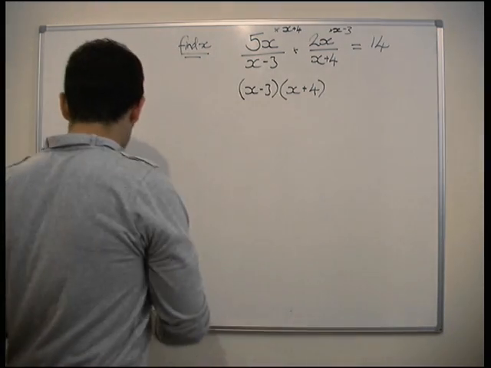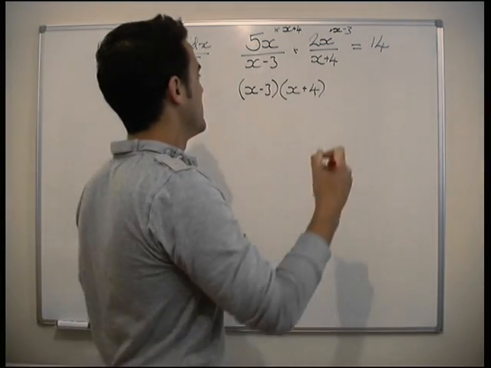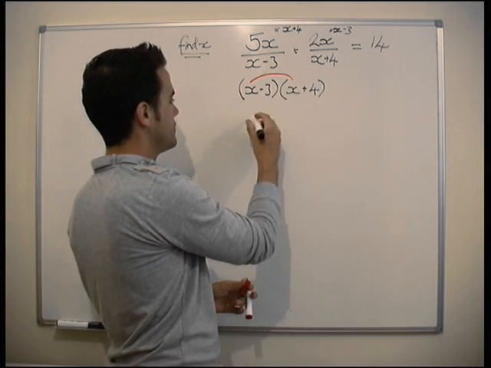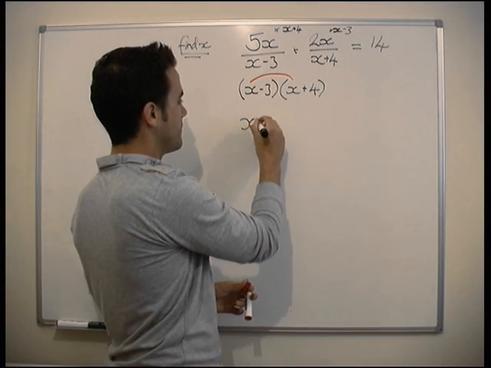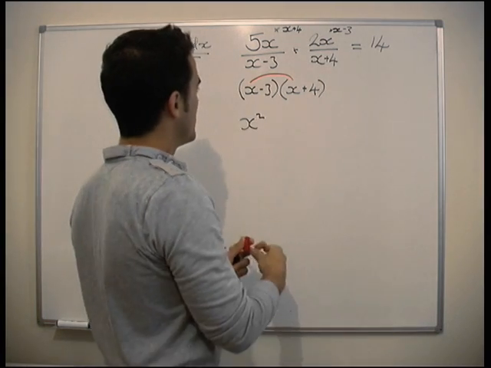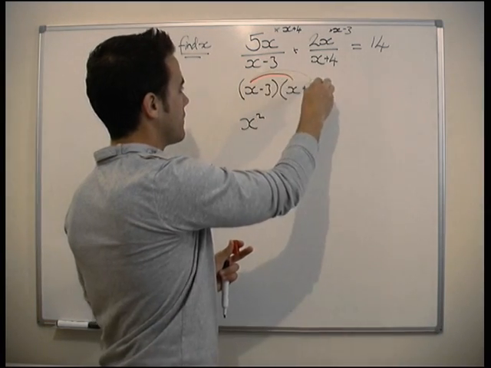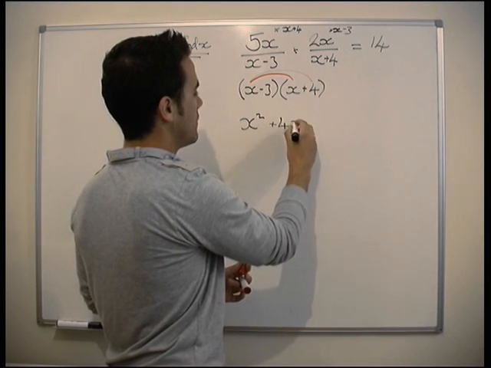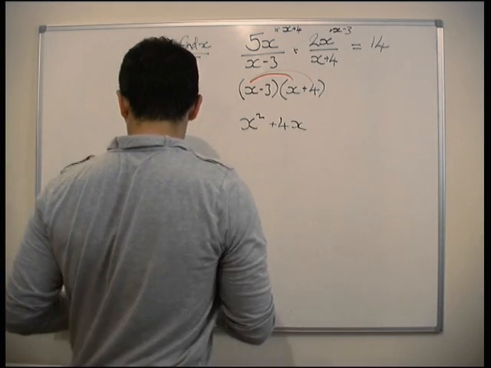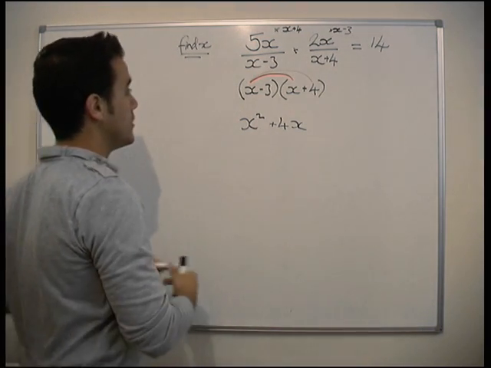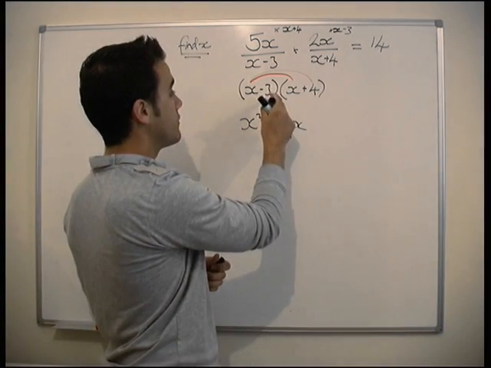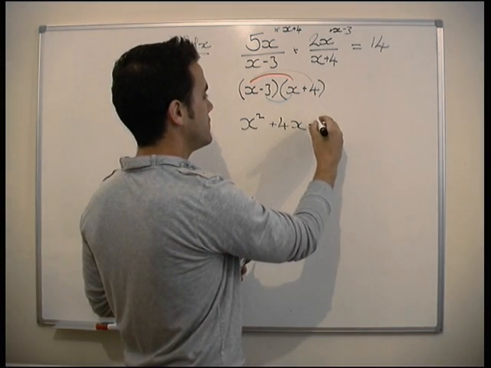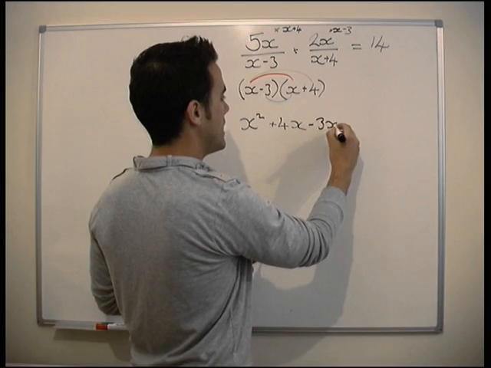So let's do that. Now let's remember how we do it. We do x times x, which gives us x squared. Then we do x times 4, which gives us plus 4x. Now we do minus 3 times x. Remember, that is a minus 3, so that's minus 3x.